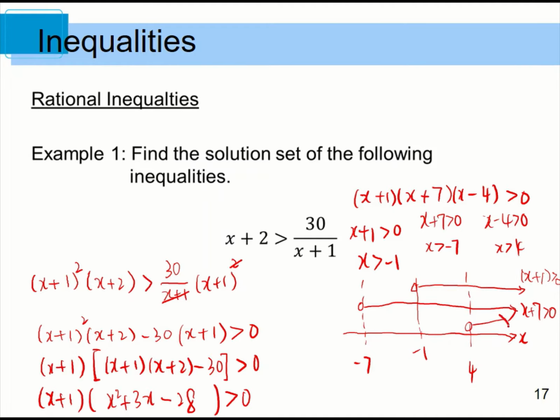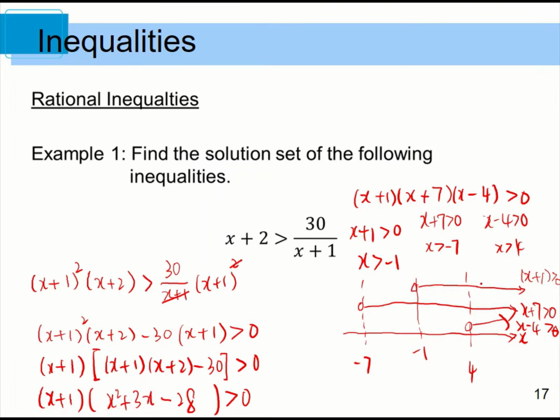Okay, x minus 4 is more than 0. Please take note that since the values are not included, we use a white dot to represent it. The white dot represents that the values are not included. So we are going to multiply these three factors.